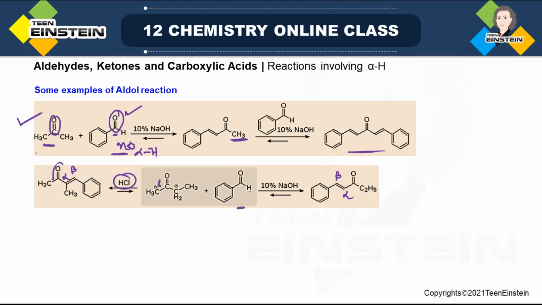But the aldol reaction you have seen only in basic condition, while sometimes in acidic condition the same type of product generation is possible. But how it is possible, that we will see, and why we are getting different products, that is also an important question. So when it is acidic condition, what happens first? The carbonyl will be protonated because it is now in acidic condition.